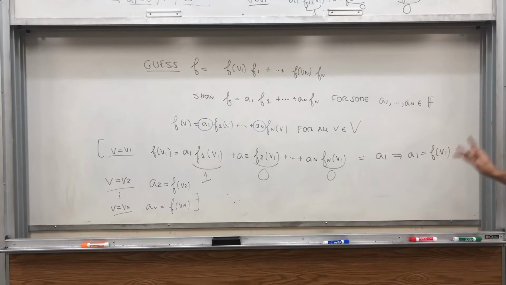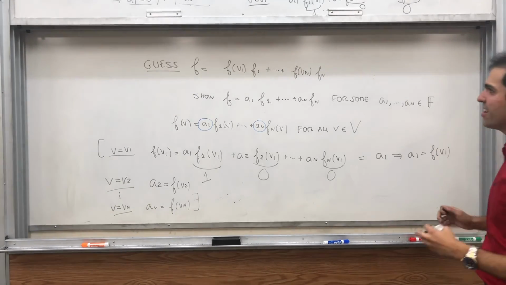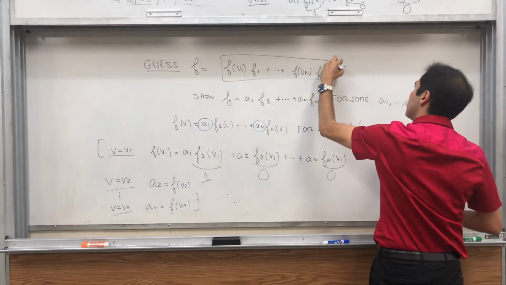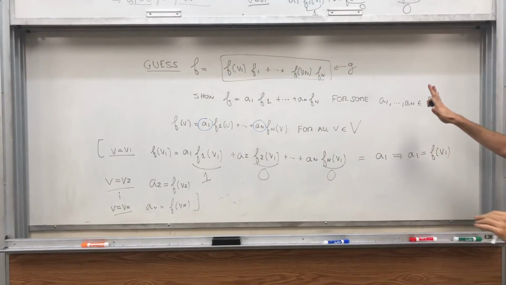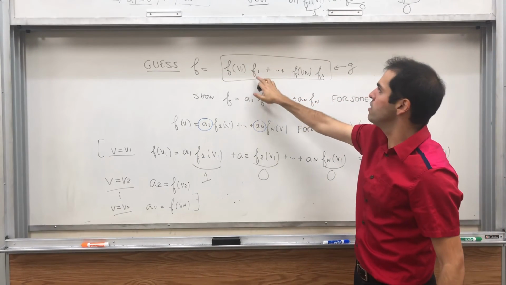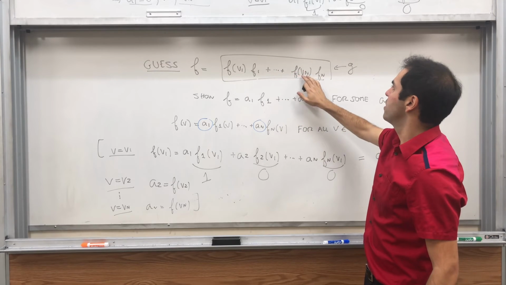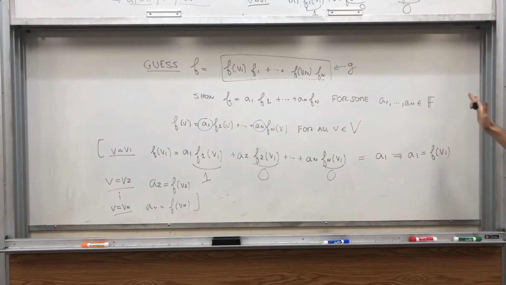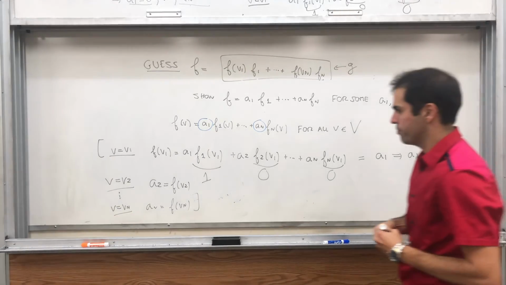But we haven't shown this. We have to show this. So in particular, let g be this functional that takes a vector as an input and spits out f of v1 f1 of v plus plus f of vn fn of v. And we have to show that g is equal to f.